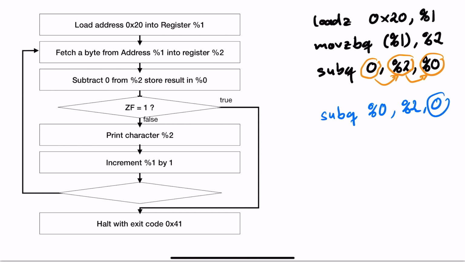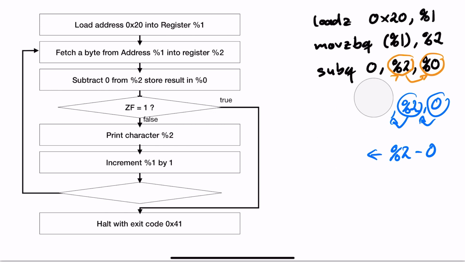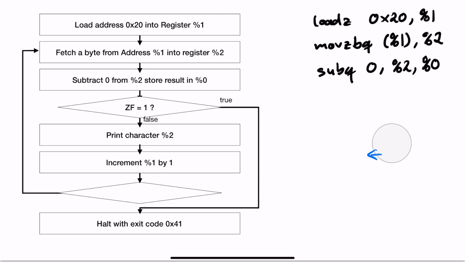Then you have to read it from right to left. And the advantage of that would be, of course, that you can think of it like register 0 becomes register 2 minus 0. This is the so-called Intel syntax, and this is the AT&T syntax, or at least that's how people call this difference. Again, you can use later whatever you prefer.